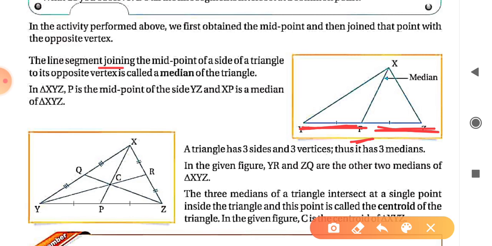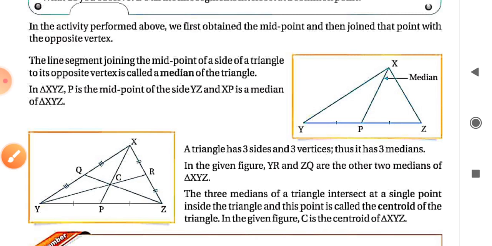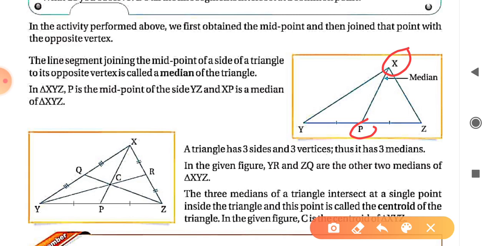Line segment joining the midpoint of a side of a triangle to its opposite vertex. This is a midpoint and this is the opposite vertex of YZ. And XP is a line segment that joins the midpoint and the opposite vertex, and is known as median of a triangle.